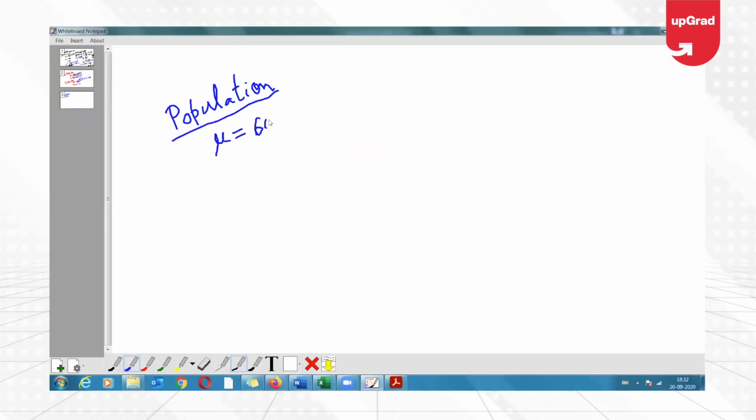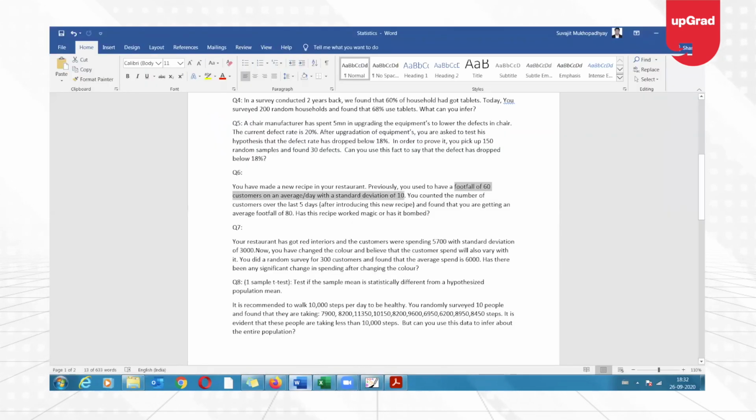Mu is equal to 60 and standard deviation is equal to 10. That is my population data before we introduce the recipe.